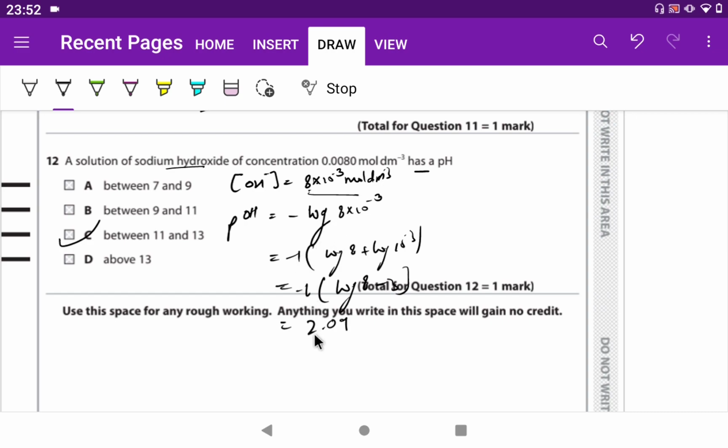After calculation we get 2.09, and we have to find the pH. So pH is 14 minus 2.09, so it will be 11.89. Okay, it will be 11.91, sorry.